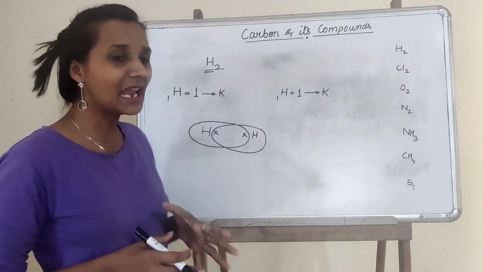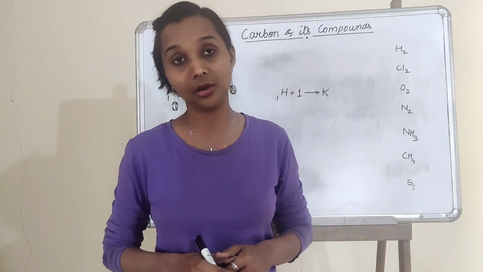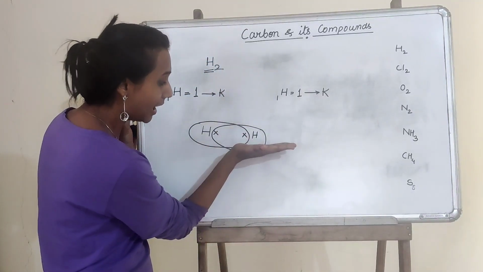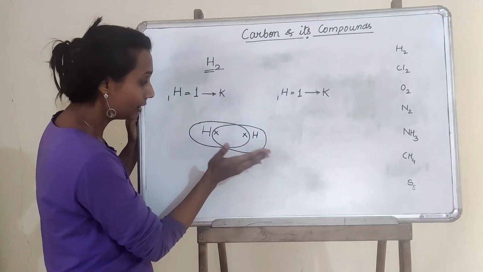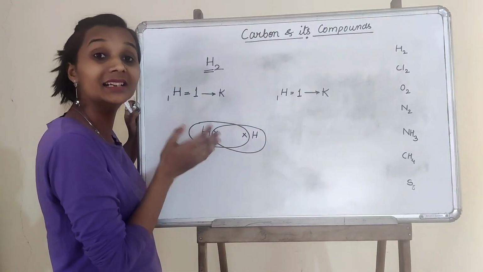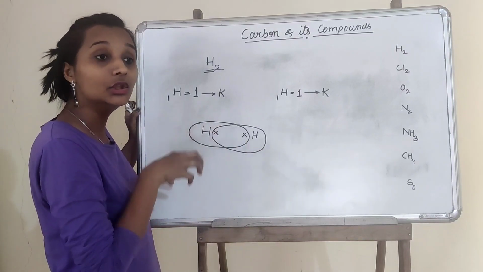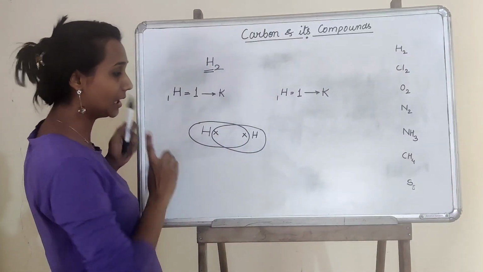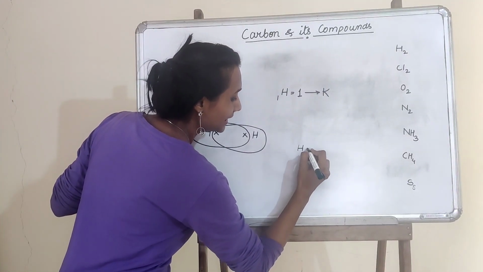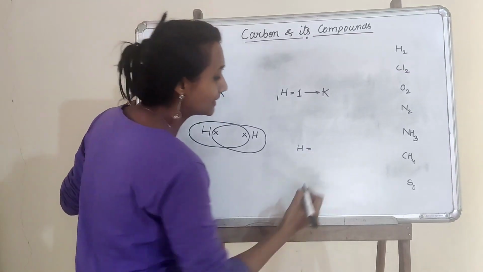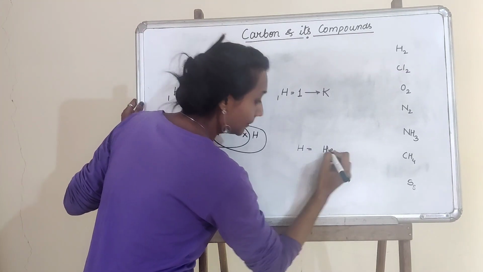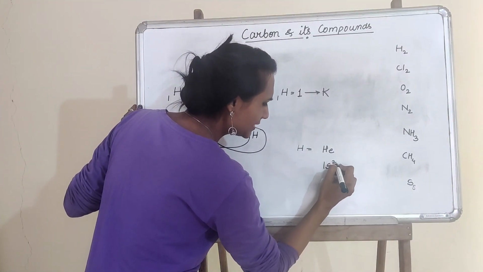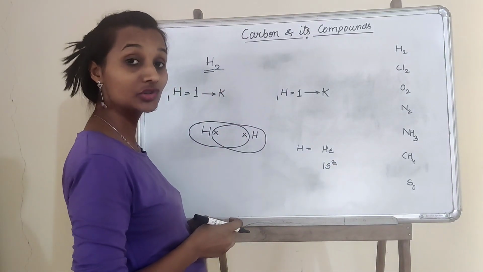Now, any atom in the periodic table or any element will form a bond with another element if after forming a bond it is attaining a noble gas electronic configuration. Now, for hydrogen, the nearest noble gas is helium, and helium has 1s2, meaning 2 electrons in its outermost shell.